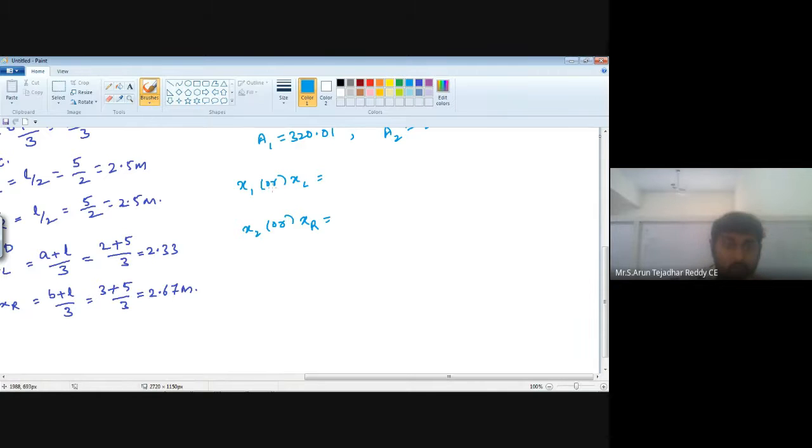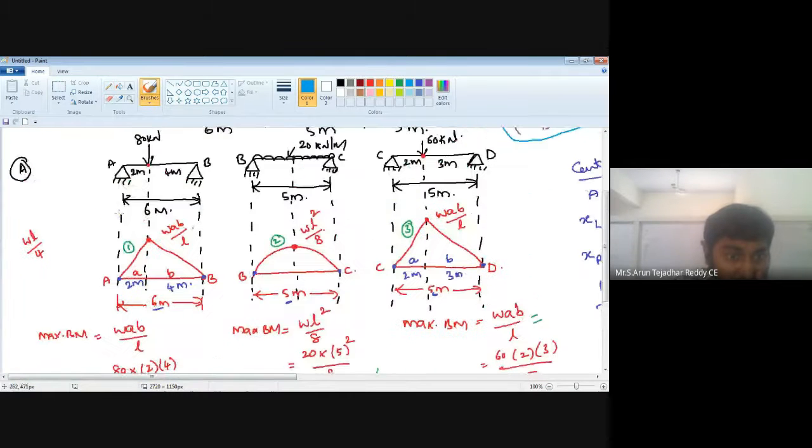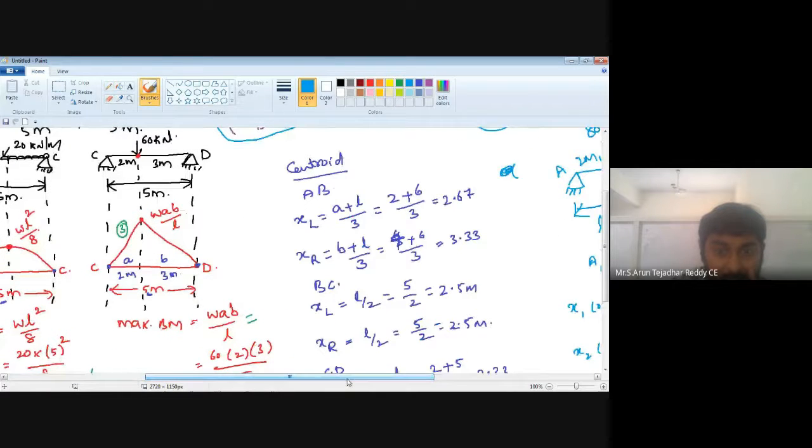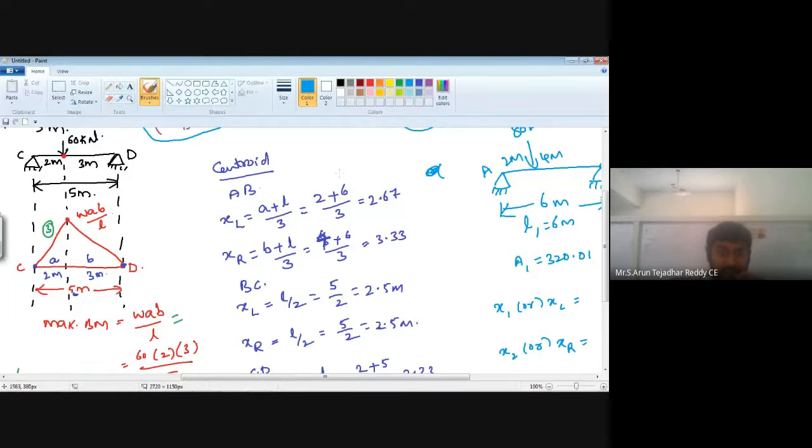Open the first bending moment diagram. In that we already calculated XL and XR, from A to B, which we can name X1 and X2.